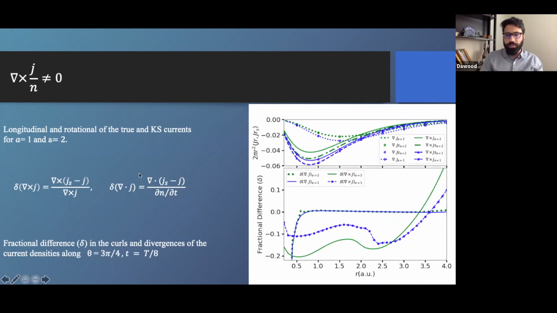The errors would be coming from numerical errors, but as you can see, they're negligible in comparison to the fractional difference in the rotational component. It's only here, when the denominator becomes negligible, that there is a divergence. But in the region where the denominator is finite, the errors are negligible. In the case of the rotational component, there is a substantial difference between the two.